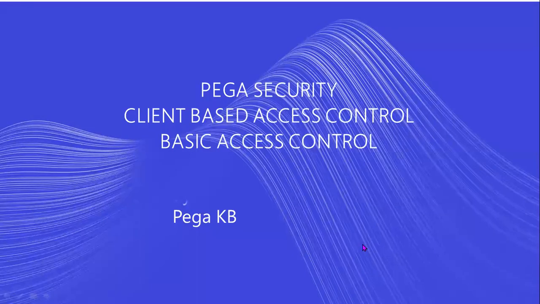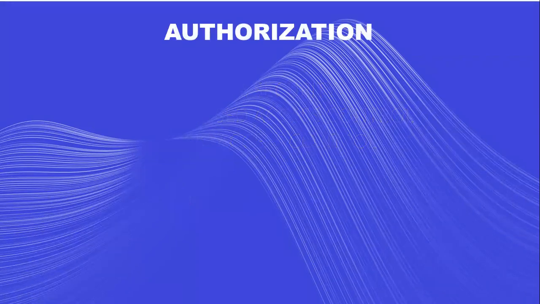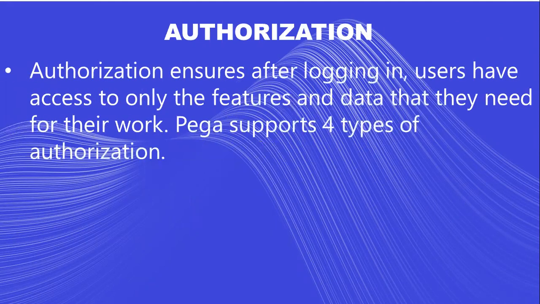Even in authorization, mainly we are going to discuss two things: client-based access control and attribute-based access control. I hope you all know there are two other types: role-based access control, that is RBAC, and attribute-based access control. The third and fourth are client-based access control and basic access control.